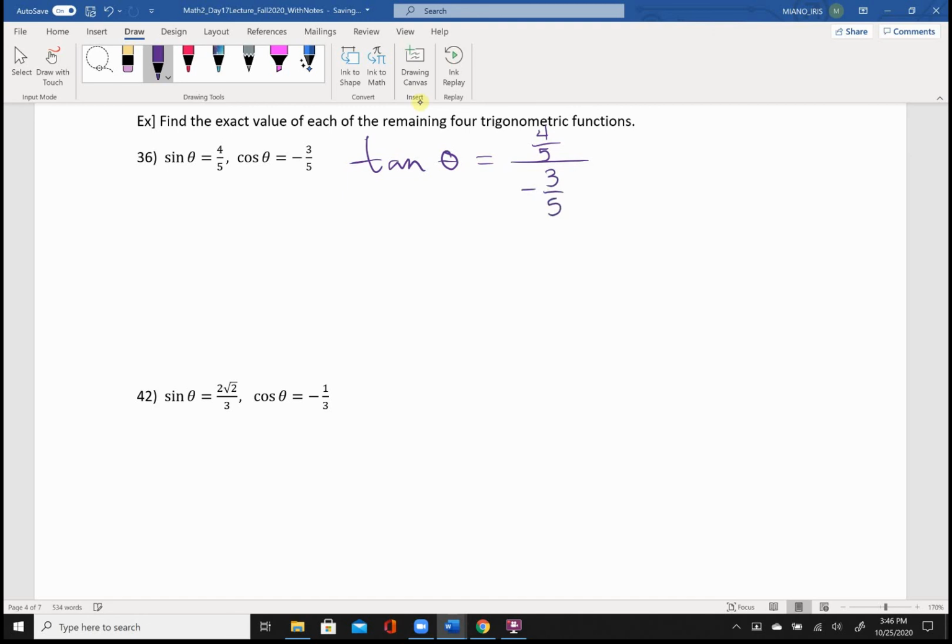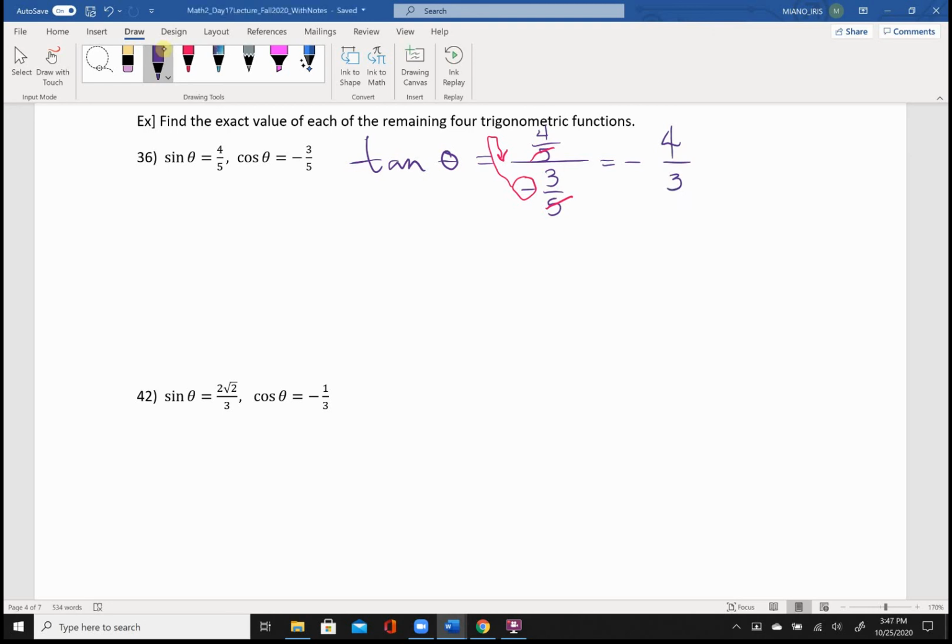When the denominators of each element above and below the main division bar are the same, you can just cross them out. That's a little algebra trick there for you. And then there's one negative sign in the entire problem, so it can be pulled out in front. Therefore, you can go straight to the final answer, simplified all the way down, of -4/3. That is going to be your tangent value.